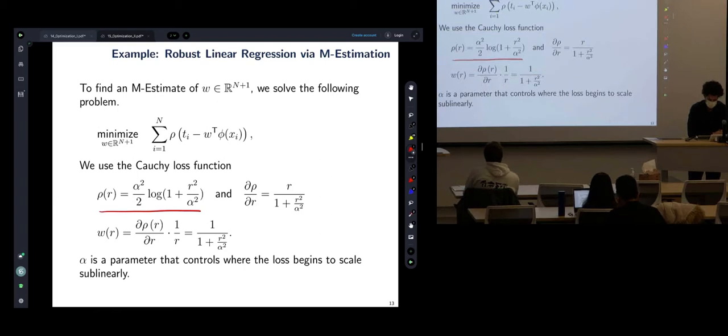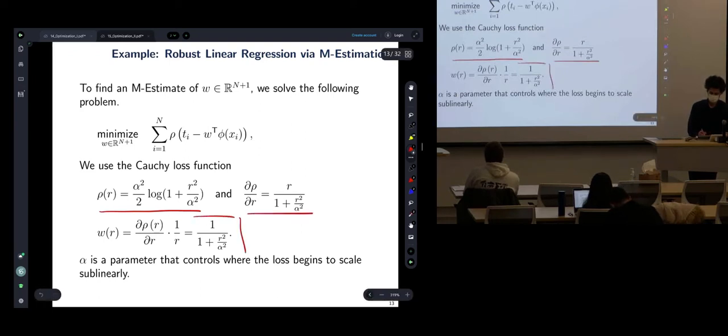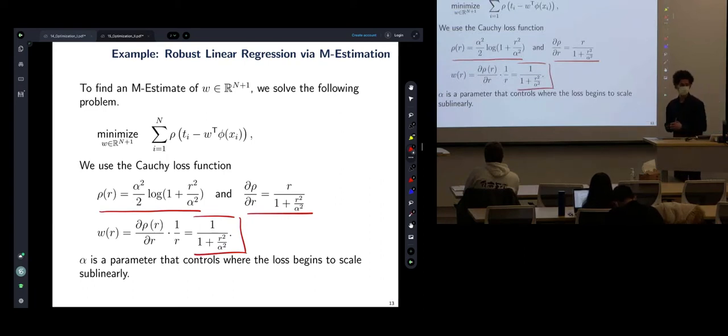And r is a scalar, right? So it takes r, and alpha is just a hyperparameter. It's a parameter you can tune. Its derivative is calculated here. So we know the weights are like this. As we iterate, we calculate the residual, and that will give us the new weight.